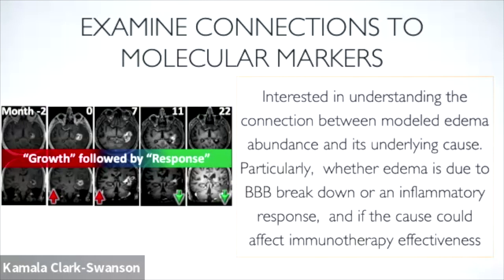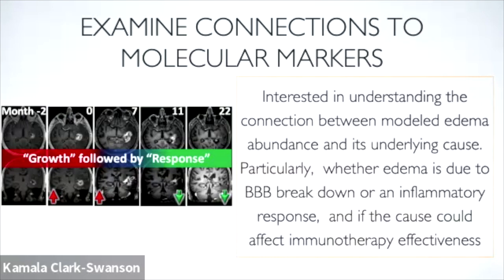You can see here as the treatment is given at month -2, the brightness is probably due to edema. Then even in month 0, but then as you go through month 7, 11, and 22, the brightness you see might be due partially to edema, but also partially due to this inflammatory response. And so we want to see if we can make connections between the modeled edema and its underlying cause.